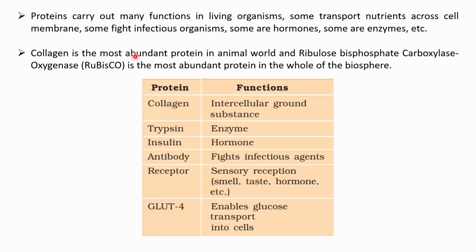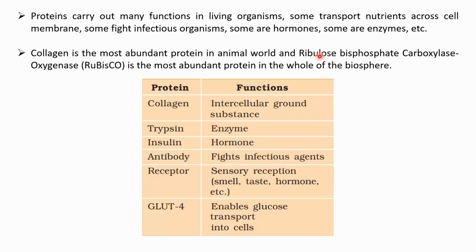Now, what are the most abundant proteins in the animal world? Collagen is the most abundant protein in the animal world. While if I talk about plant proteins, or in the whole biosphere, we can say rubisco, that is ribulose bisphosphate carboxylase oxygenase, is the most abundant protein in the whole biosphere.